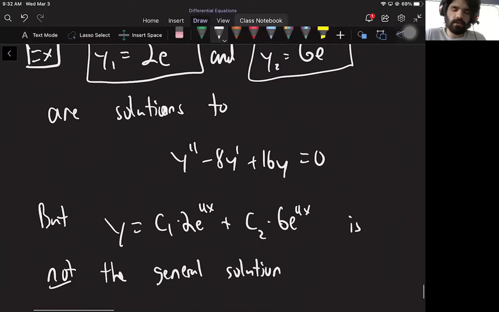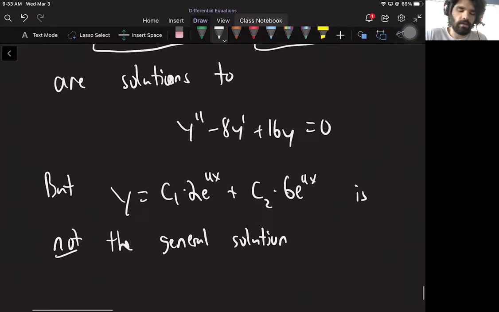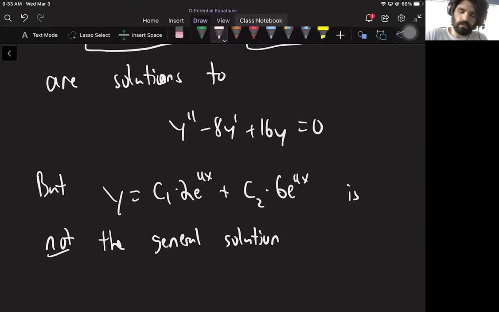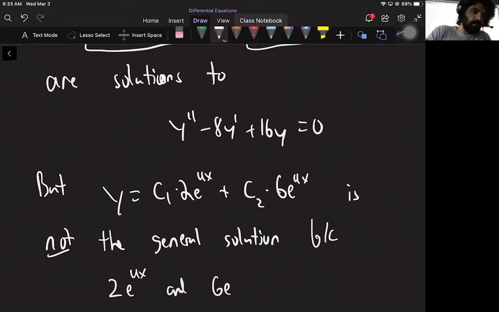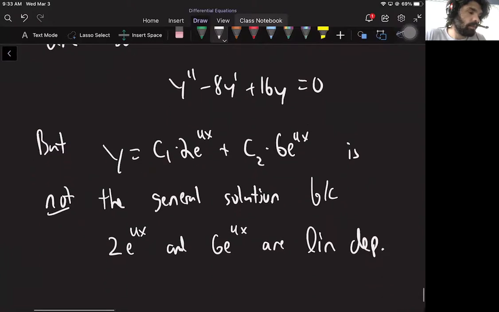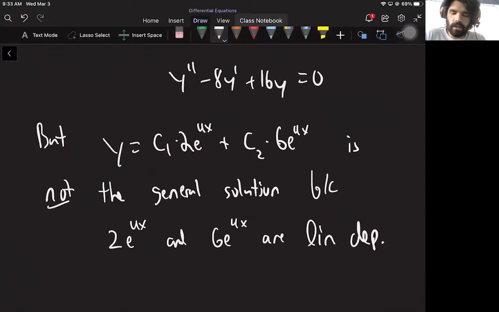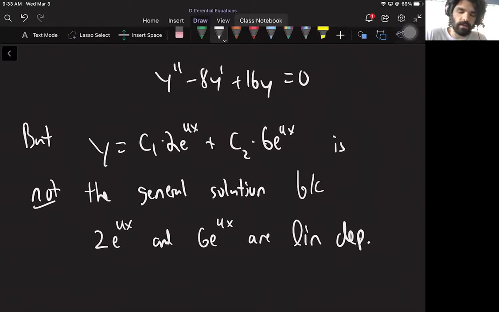Because to create the general solution, you have to have two linearly independent solutions, because it's second order. These are not linearly independent. So 2e to the 4x and 6e to the 4x are linearly dependent, so they don't tell you. This is what dependence really is saying: they're just really the same type of function.